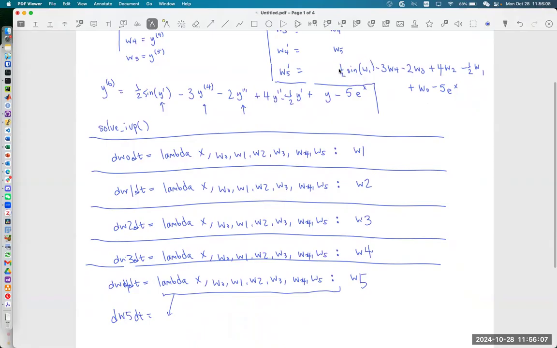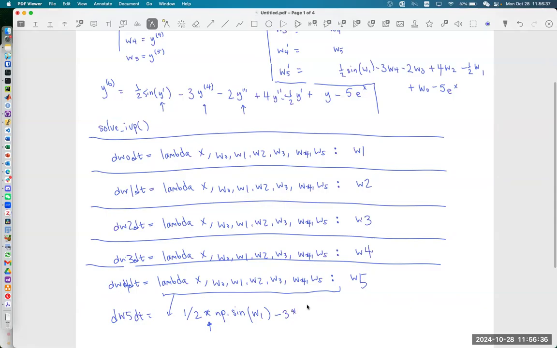And here we want to type everything inside the function. So after the lambda function, we have 1/2 times np.sin of w1. If you don't write the star here to multiply, it will give a syntax error.